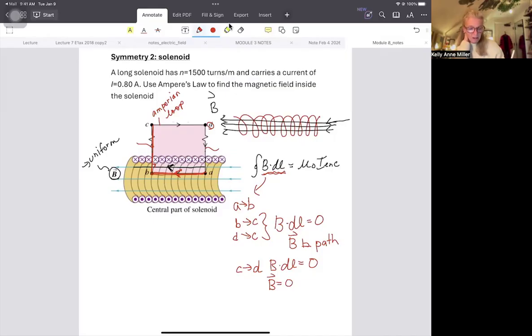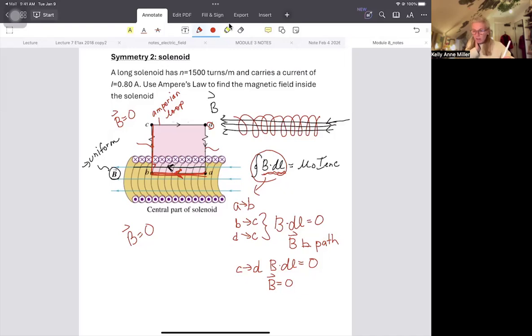Outside the solenoid, the B field equals 0, over here and over here. It's really only in the center of the solenoid that there's any B field to speak of. So I only have to take this little segment of the path into account when I calculate the left-hand side of this line integral.